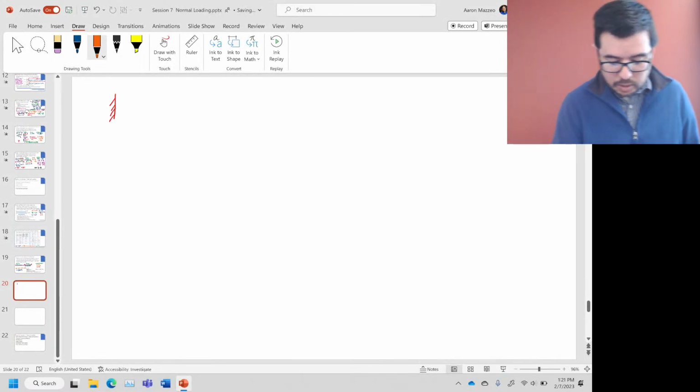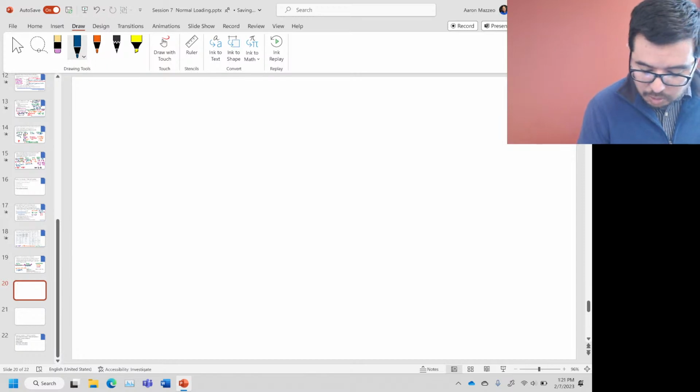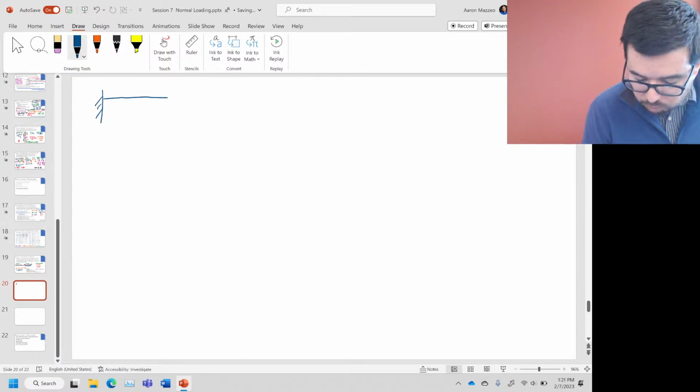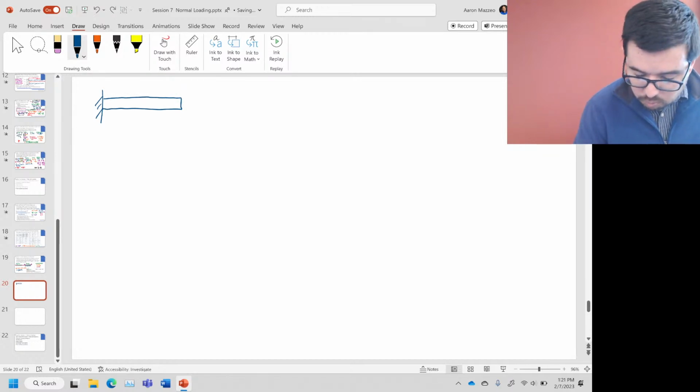Now, there's one thing I did not get to, and I would like to discuss what happens when we have a constrained bar. So let's say that we have a bar that's constrained.